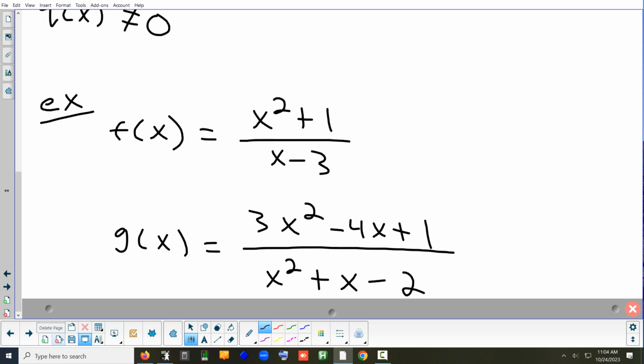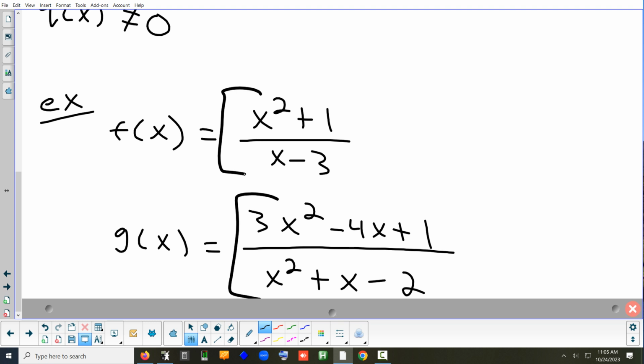Or if the degree in the top is less than or equal to the bottom, we're going to do something a little different. So this bottom one we'll talk about when we do 4.2 part 1. This top one we won't talk about until Thursday. That would be 4.2 part 2. But they're both rational functions.